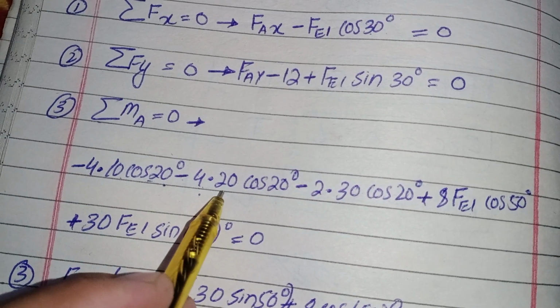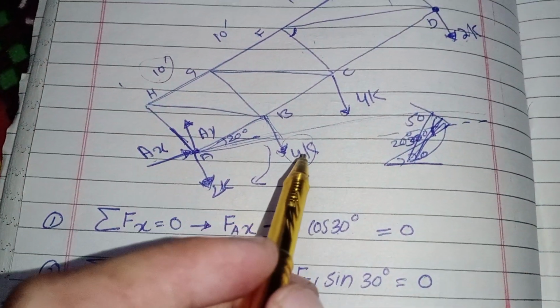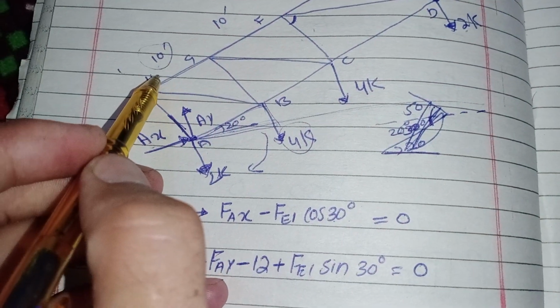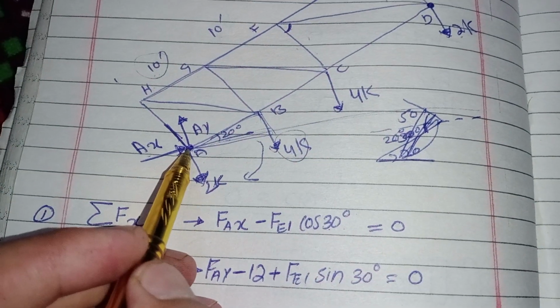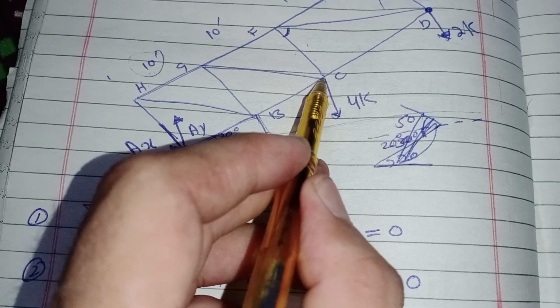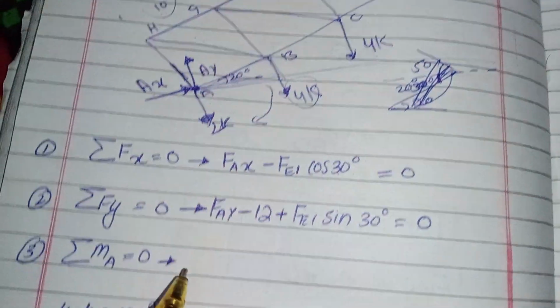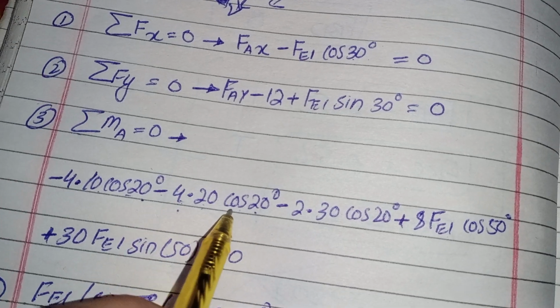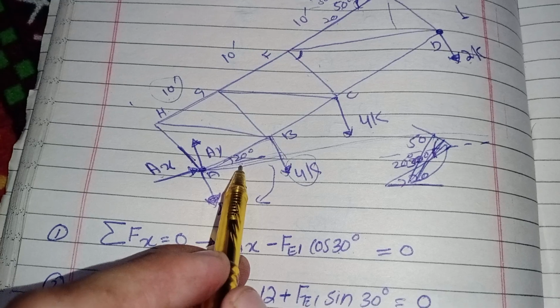So 4 into 20 cos 20 degrees, which is 10 feet plus 10 feet, so it is 20 feet away from here. So 4 into distance 20, so 4 into 20 cos 20 degrees, because it is raised by 20 degrees from the x-axis.